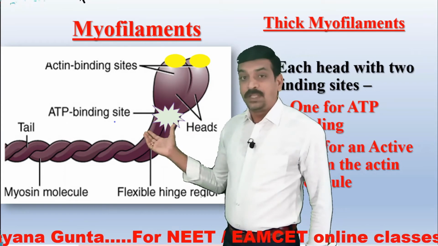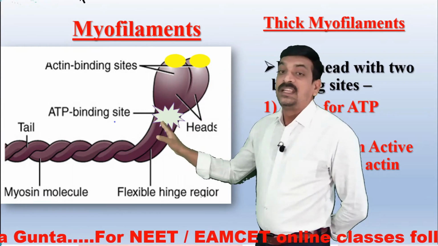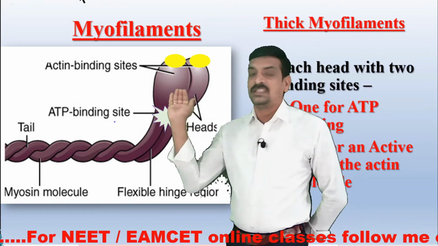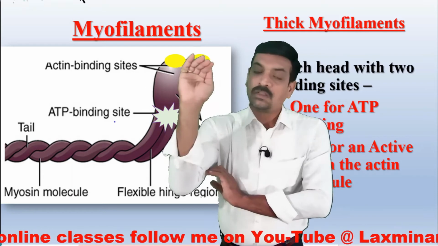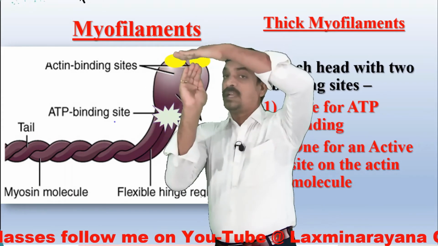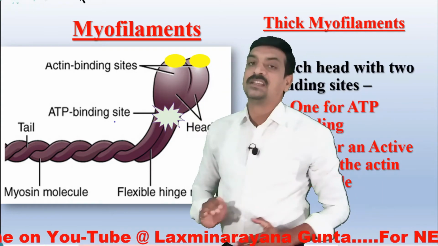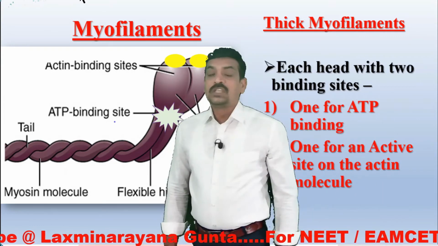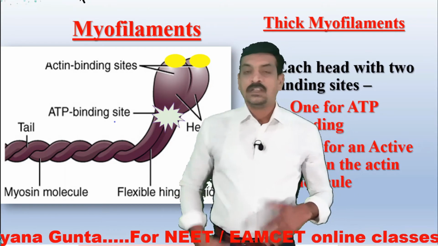Whenever ATP is utilized by this ATP binding site and converted into mechanical energy, these heads move to the active binding site of the actin, and they push the actin. These two sites are very essential in the contraction of the muscle, which we will discuss in our next segment.